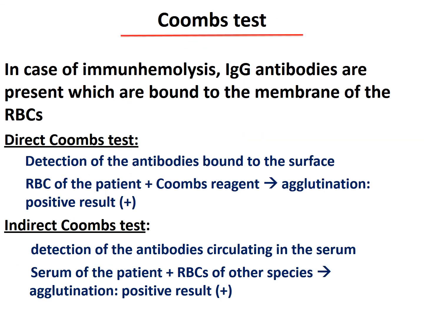Now, the Coombs test, you learned it in immunology, I bet. There are 2 types. Direct detects the antibodies bound to the cell surface. Indirect detects the circulating antibodies in the serum.